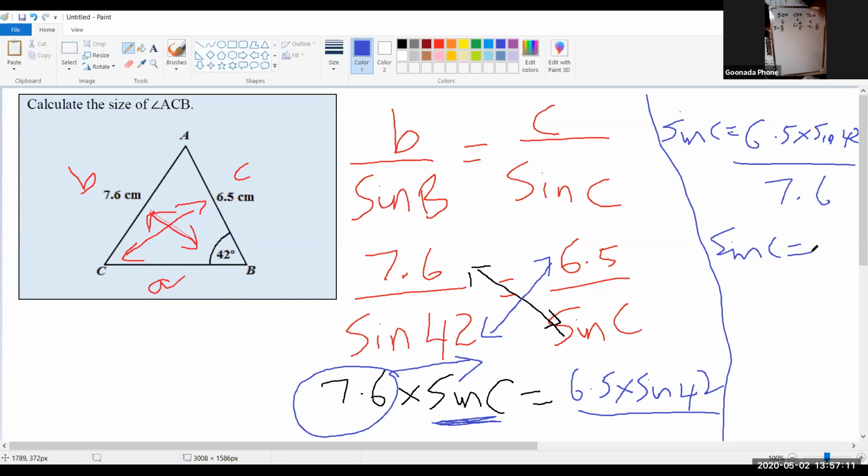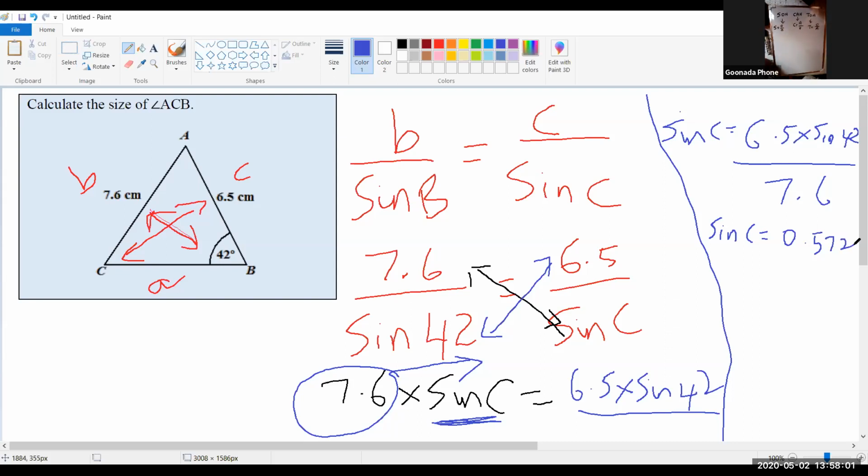So 6.5 multiplied by sine 42 will give us what, people? 4.34934891 if you use a calculator, you will find out, divided by 7.6, which will give us 0.5722 or 0.572, right?